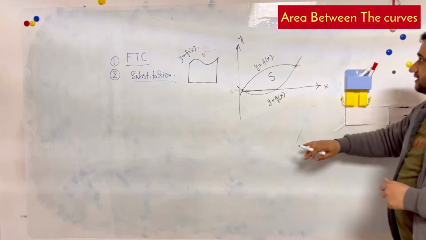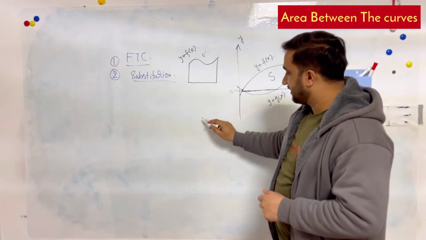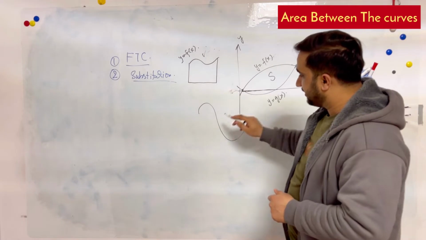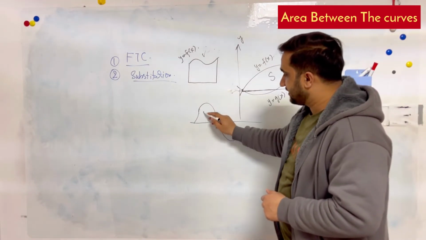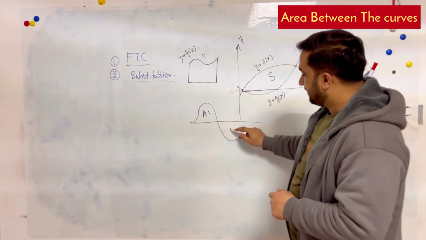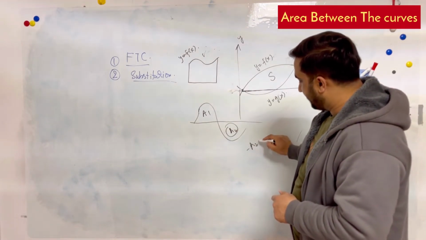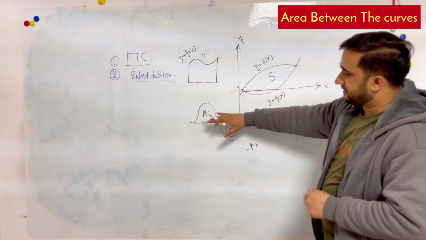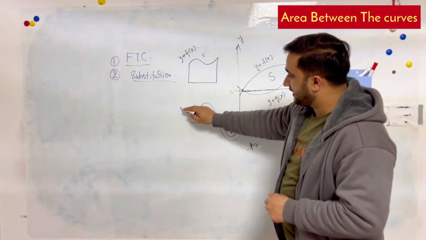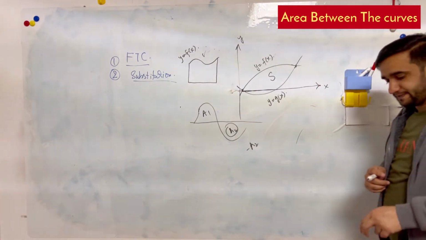And you know from before, when we had a curve like this and it went like this, and we said if this is the x-axis, then this will be area 1, this will be area 2, and this area will be given a negative sign because it is below the x-axis, and this is above the x-axis, so A1 will have a positive sign when you are calculating them together.